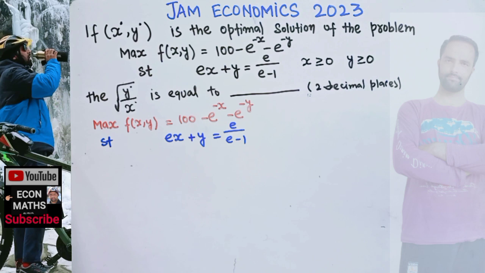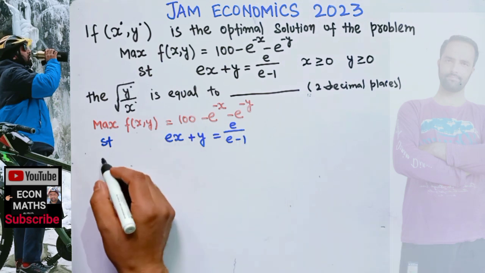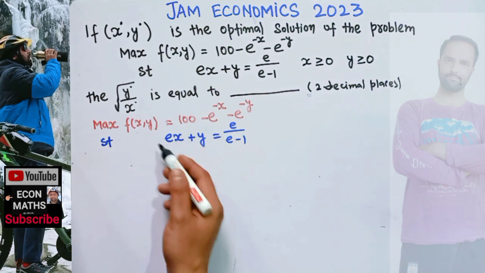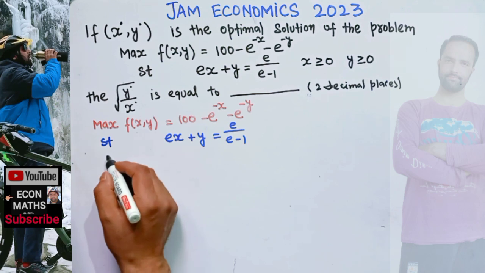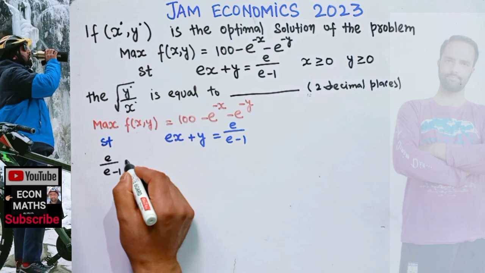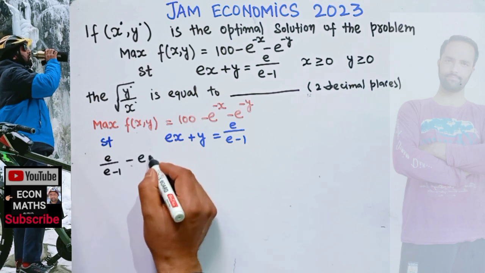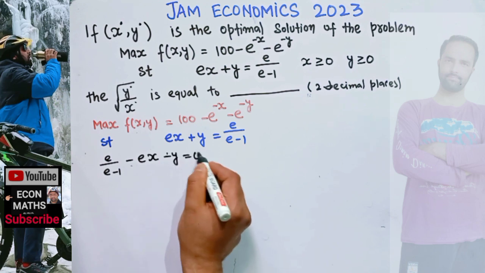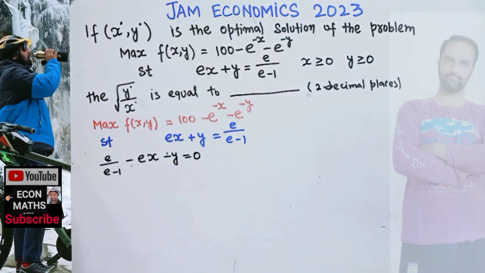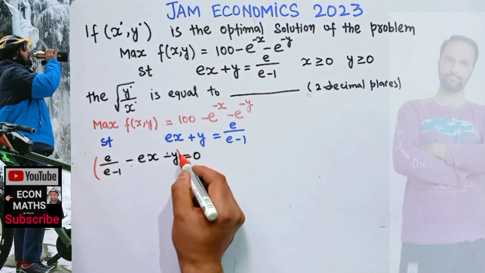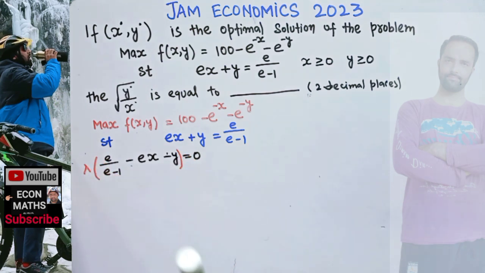First thing is, what will we do? We will form the Lagrange's function. The first step is to set this constraint equal to 0, that is, e/(e−1) minus ex minus y equals 0. After that, we multiply this resulting constraint with lambda.